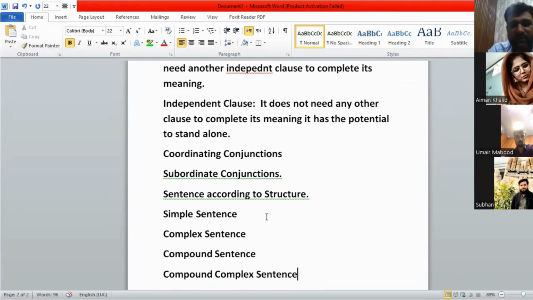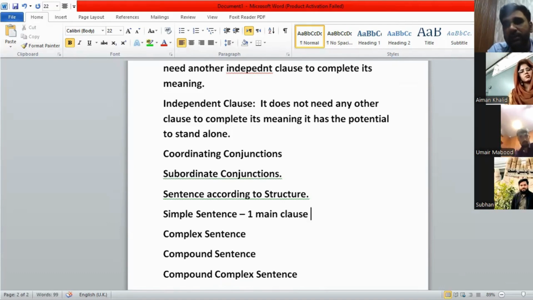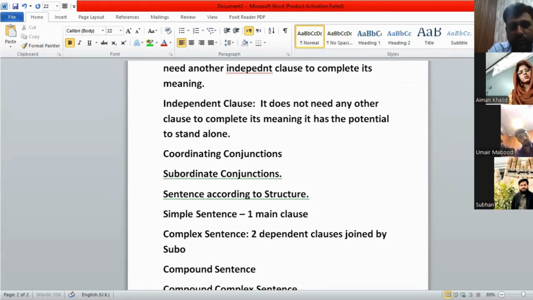Now, a simple sentence has only one clause, one subject and one predicate, right? Complex sentences have one independent and one dependent clause joined by a subordinate conjunction.